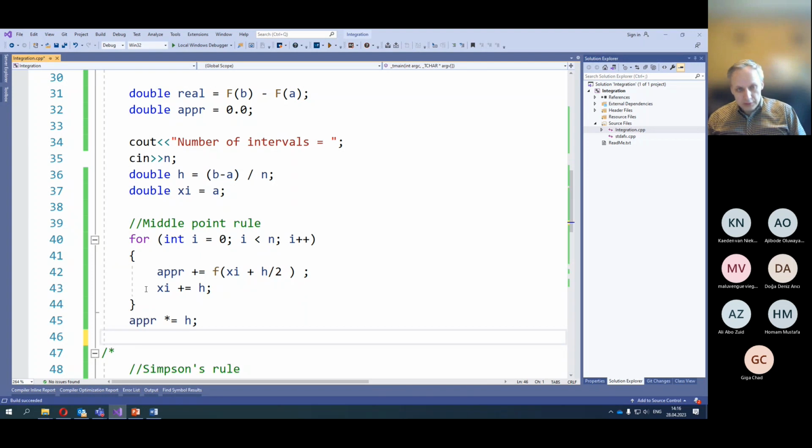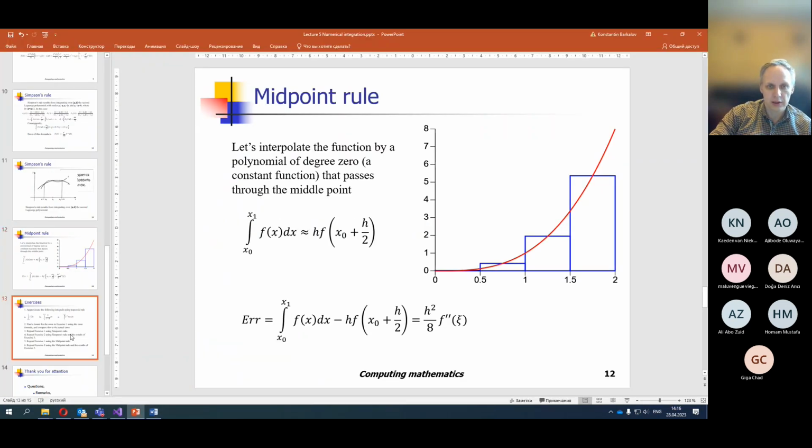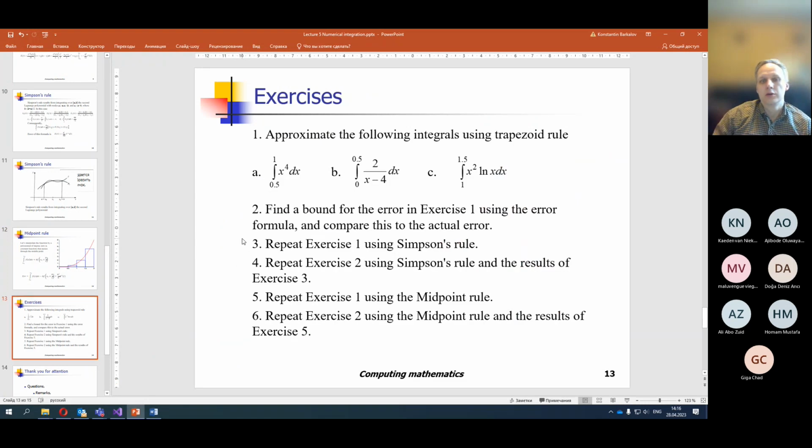Well, you see these three rules: middle point rule, Simpson's rule, and trapezoid rule. To understand in detail how it works, I ask you to apply these rules to the following function.